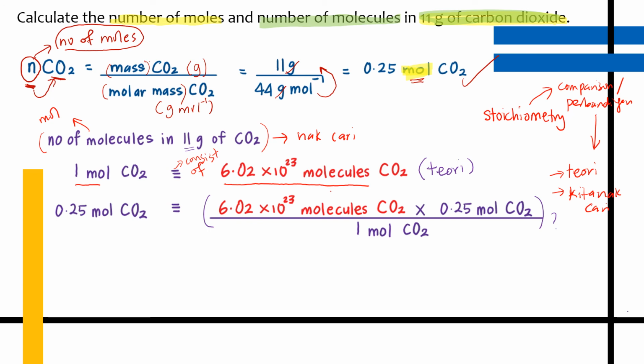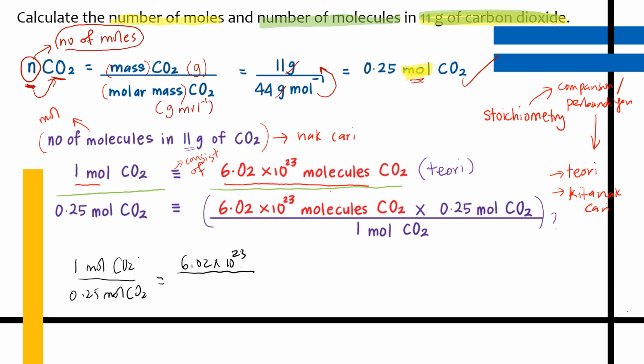So, kalau awak tengok betul-betul, okay, yang ni sebenarnya dia macam matematik. Dia jadi seolah-olah, okay, sekejap saya pakai pen yang terang sikit biar awak nampak. Dia jadi seolah-olah 1 mol CO2 over 0.25 mol CO2 sama dengan, so kalau 1 mol ni tadi sama dengan 6.02 darab 10 kuasa 23.